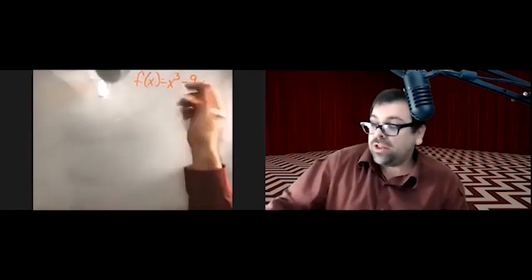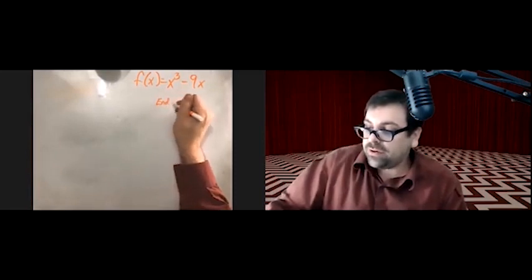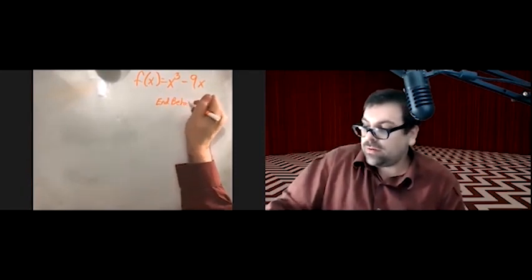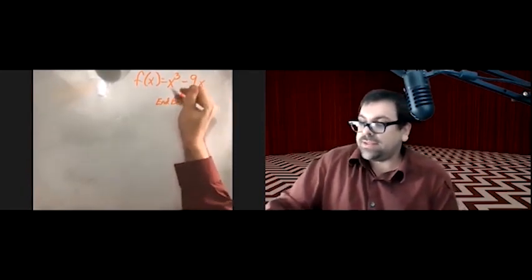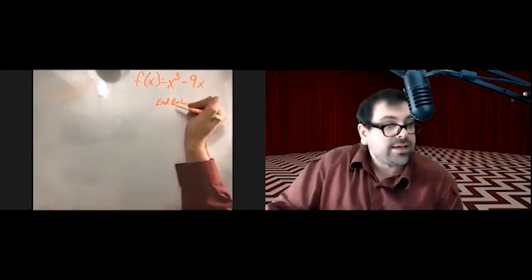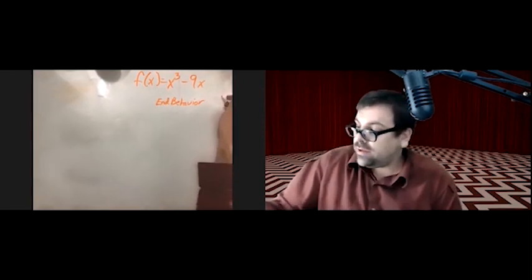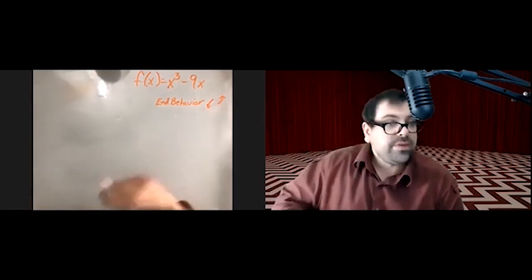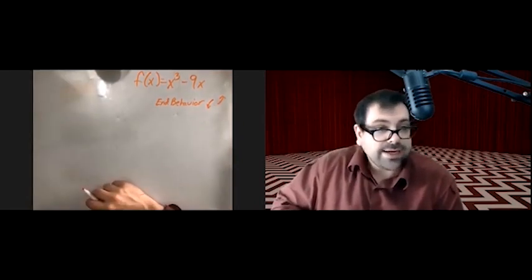So first off, let's find the end behavior. This is positive x to an odd power. It's literally x cubed. That means it's going to fall to the left and it's going to rise to the right.